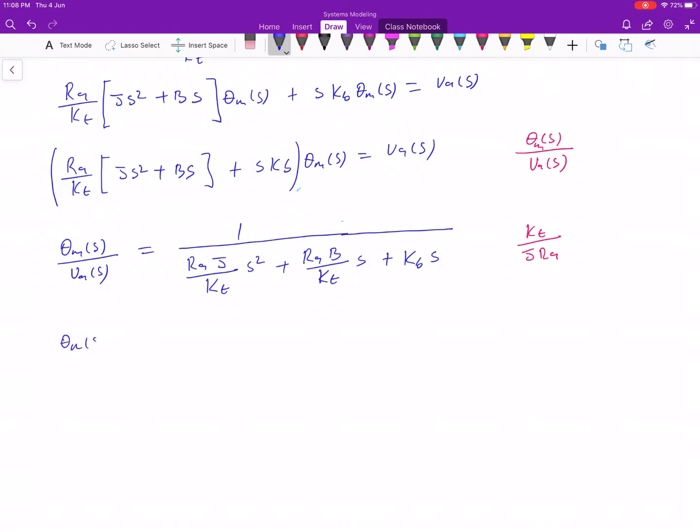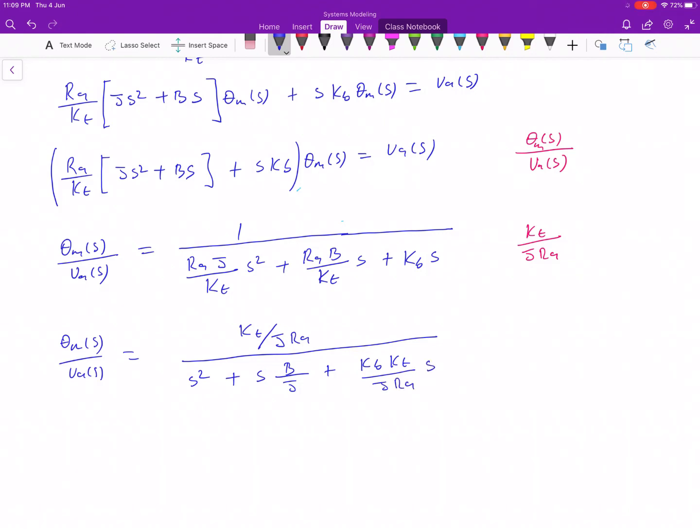So we are going to rewrite this as, on top, KT over J RA, over s squared plus s B times J plus KB KT over J RA times s.